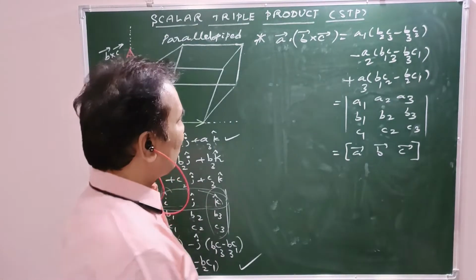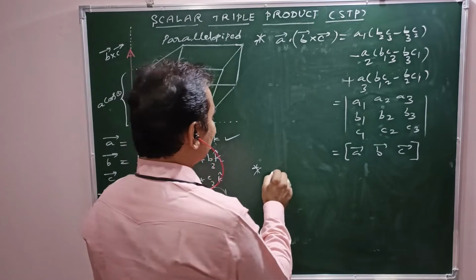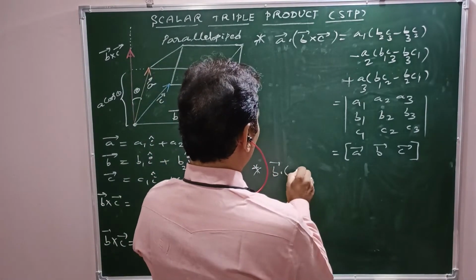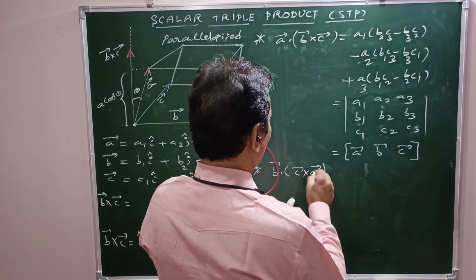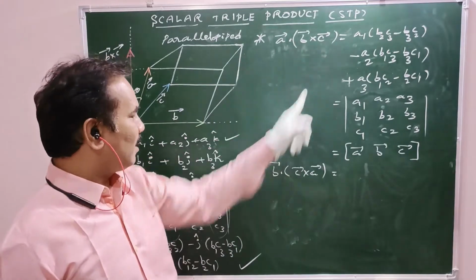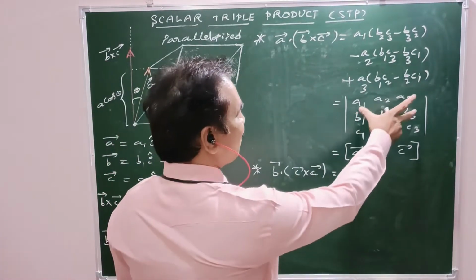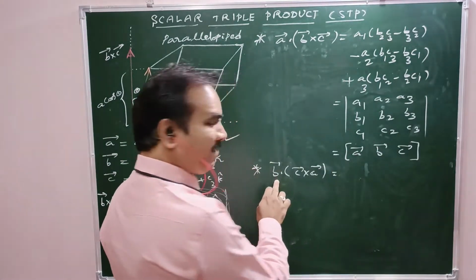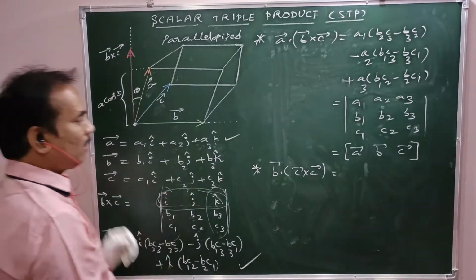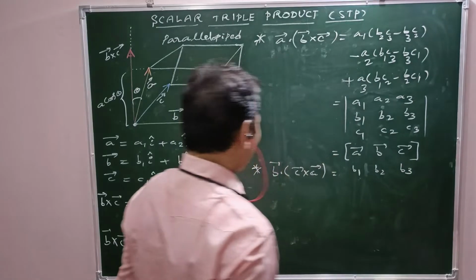Now, what about the second formula, that is B bar dot C bar cross A bar. Now I am writing this formula. What is the first vector? B bar, coordinates B1, B2, B3. What is the second vector?